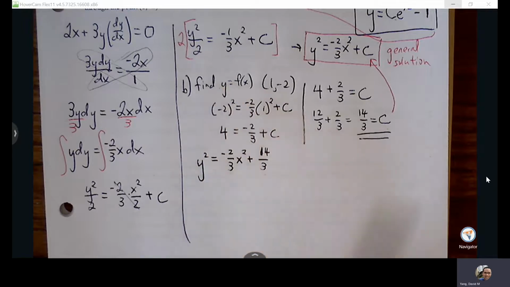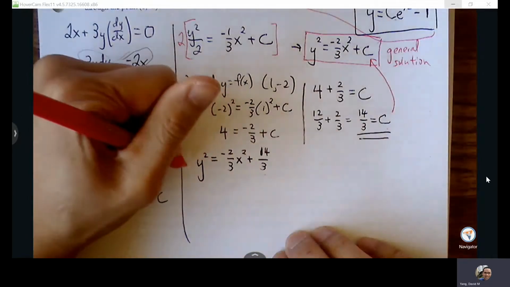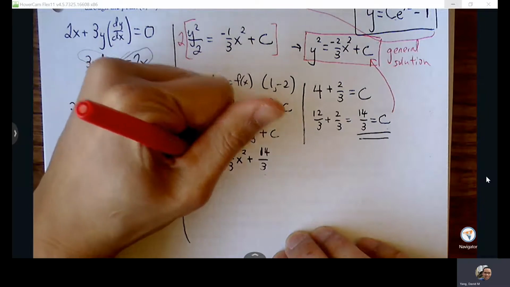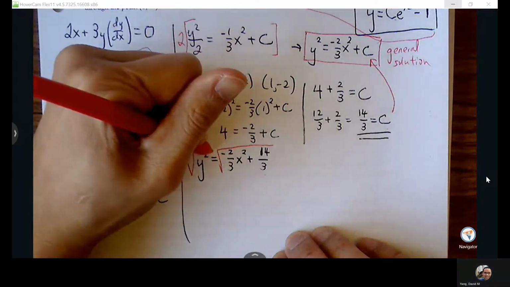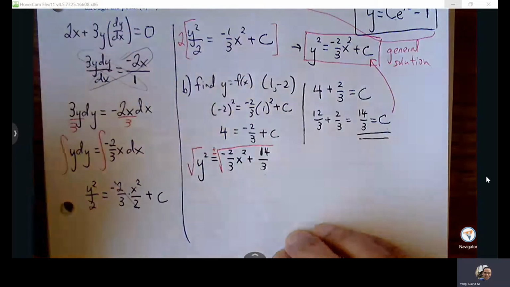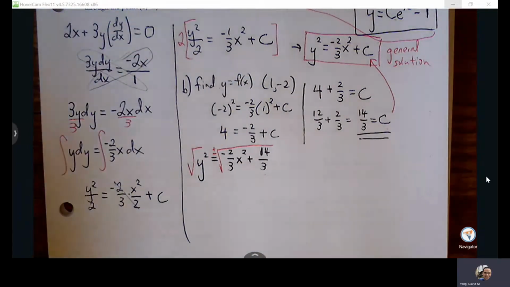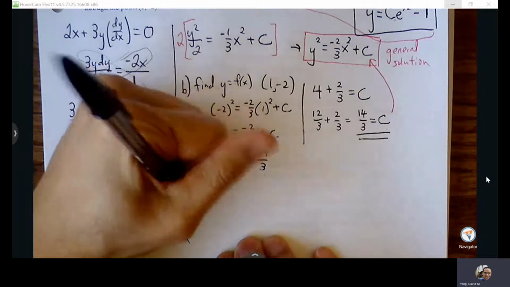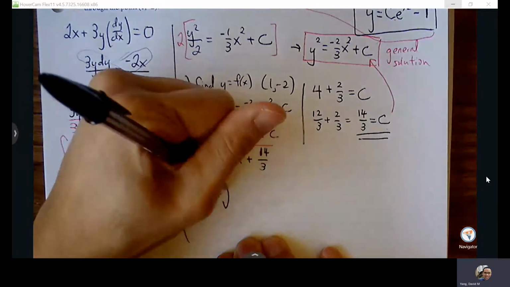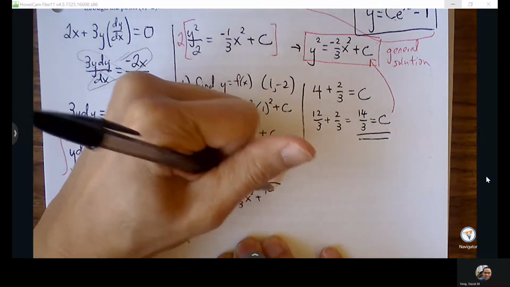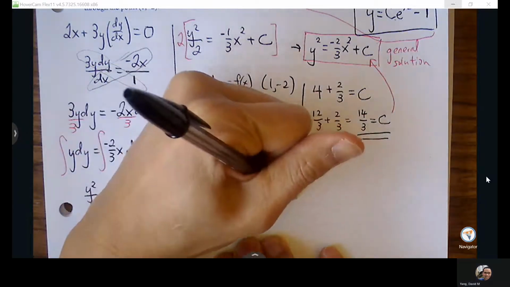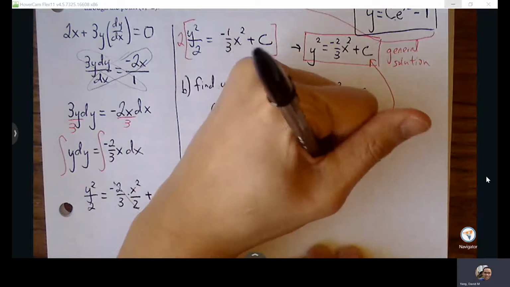So now we're going to involve a square root. Anytime you take the square root of an equation, what has to show up outside? Plus or minus. Now, plus or minus indicates that there are two separate functions here. So we have y is equal to positive square root and then a negative square root.